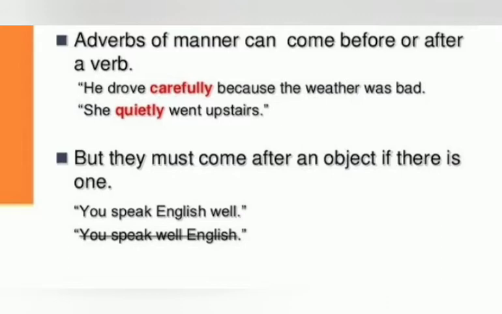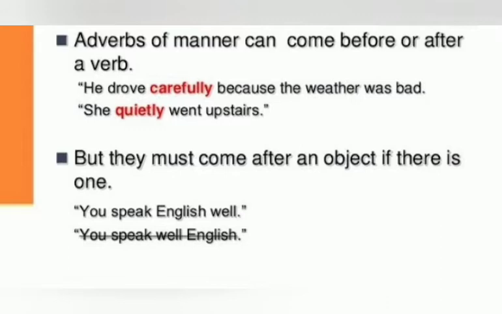Now in this sentence, my dear children, remember drove is the verb, and just after the verb, an adverb of manner follows. Carefully is part of adverbs of manner, and it follows the verb in this sentence.